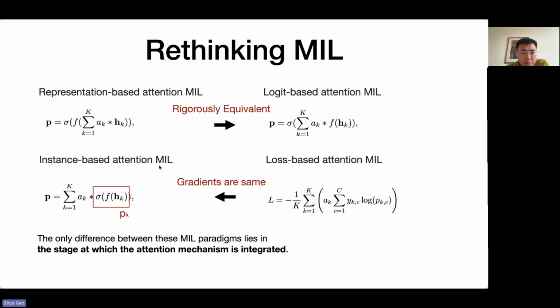And the representation-based attention MIL, we have the theoretical proof here, is actually equivalent to the logit-based attention MIL. If you go through a linear classifier, it just does not do the activation function mapping. Before the activation function mapping, it's actually the same as representation-based MIL.